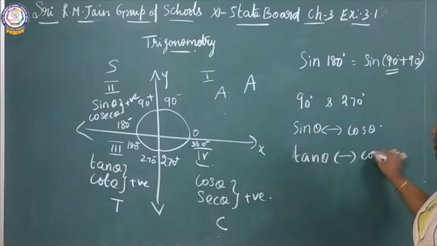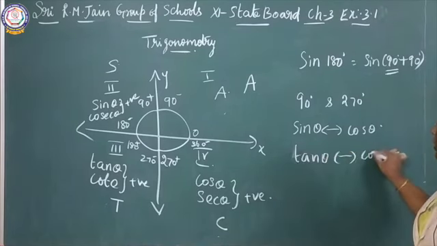Normally the quadrants are first, second, third, fourth. But for negative, it is given like this. You will write according to your convenience. The fourth quadrant acts as your first quadrant. First, you will check in which quadrant minus 230 degree lies. Here the value is 230.